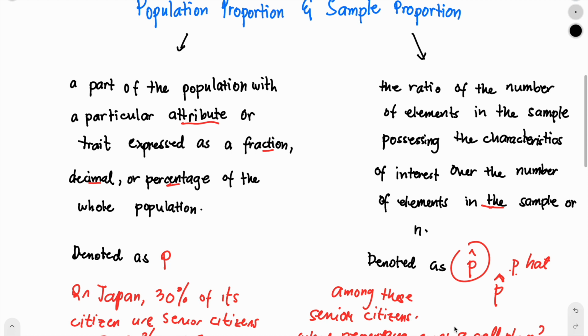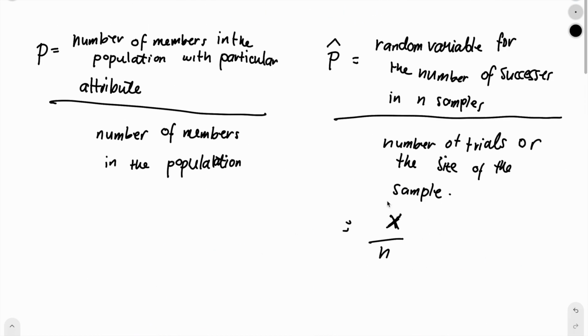So that is the success. The fail, on the other hand, is those senior citizens who don't own a cell phone. Okay, so for the sample proportion, we only get the success divided by the sample size.